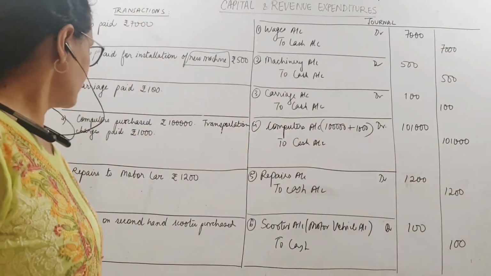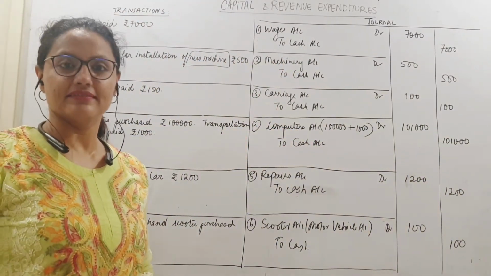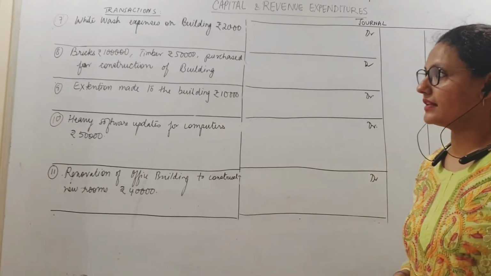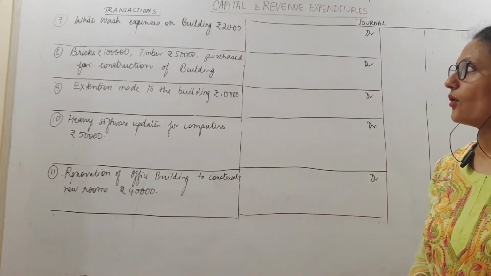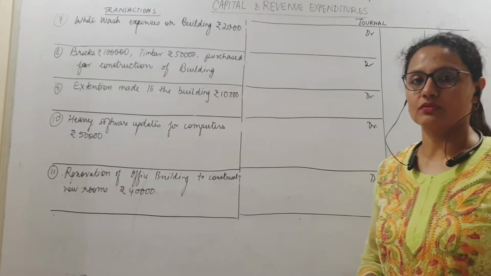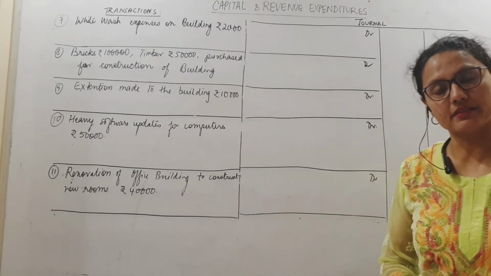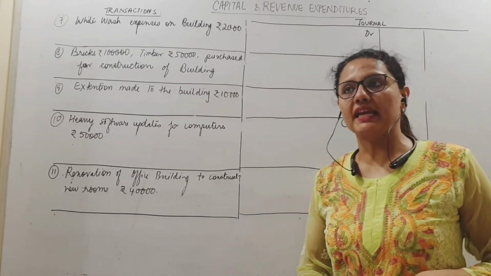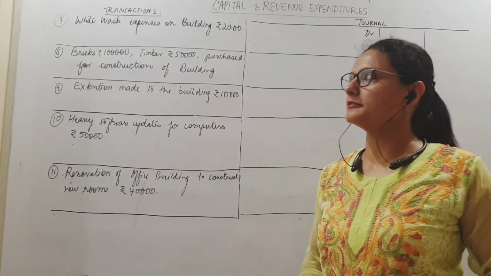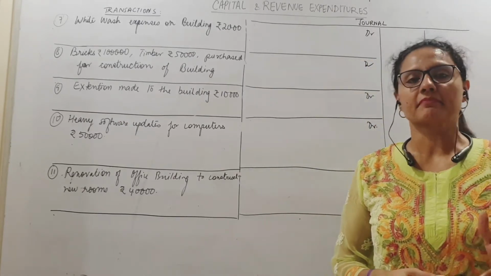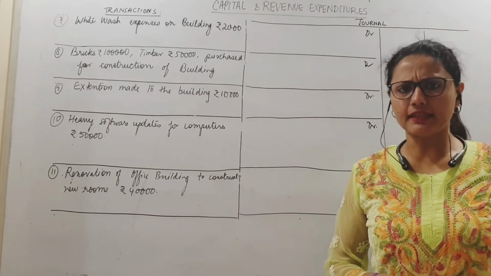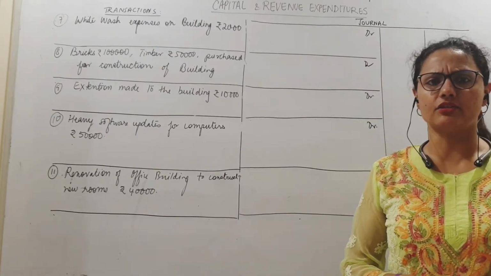Clear? Now the next transaction, number 7. Question number 7 says, whitewash expenses on building 2000. Whitewash expenses, yes. You are painting the building. Fine, 2000. So, does it tantamount to a capital expenditure or revenue expenditure? Tell me.